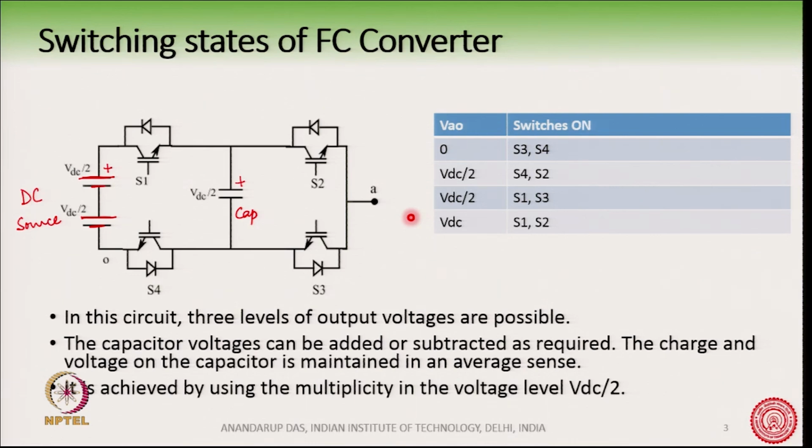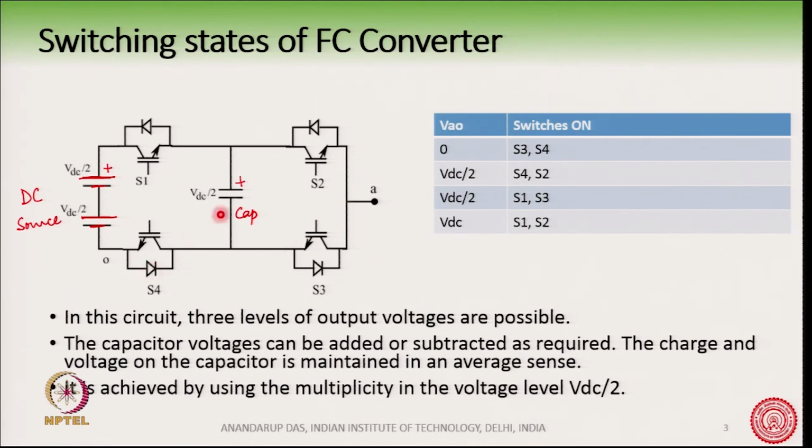Now, suppose this DC source is having a voltage of VDC and this capacitor is charged to VDC by 2, that is half of this DC link. Suppose I want to get VDC by 2 in VAO, then what can I do?